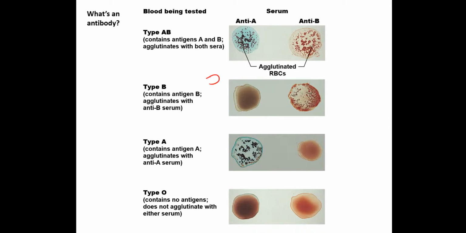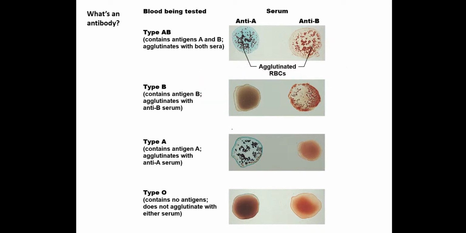Okay, so again, if this is your blood cell, there's your B, but this here is an antibody to A, there's not going to be any reaction. And so it's going to look like this, no agglutination. In contrast, when you add that anti-B antibody, now you're going to see the agglutination because that antibody is going to come in here and it's going to recognize and bind to your B protein.